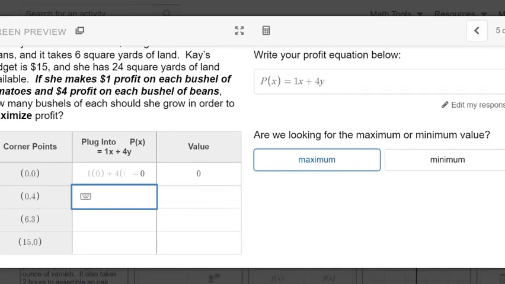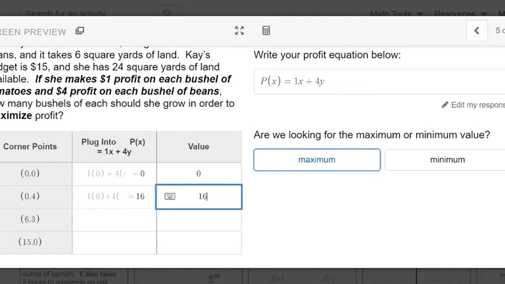If she grows 0 tomatoes and 0 beans, she's going to make $0. So let's do it here. $1 for her 0 tomatoes here, plus $4 for her 4 beans, and she will make $16.